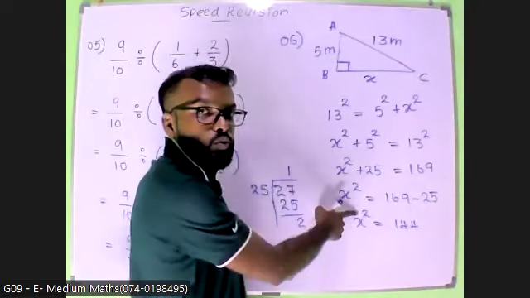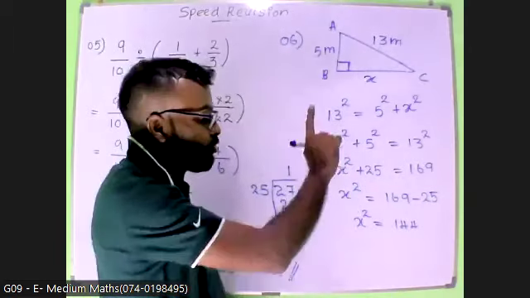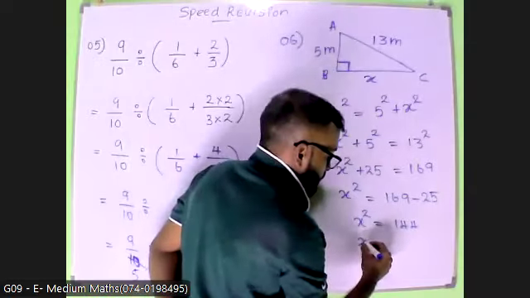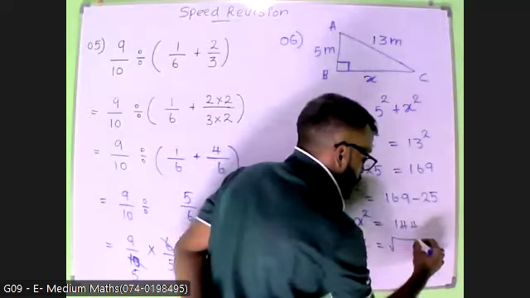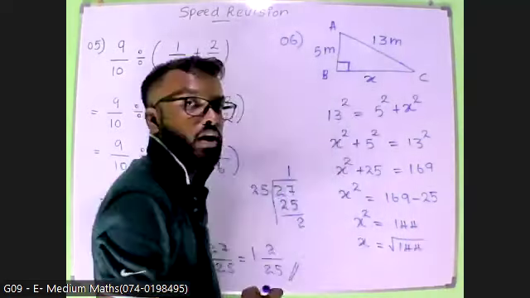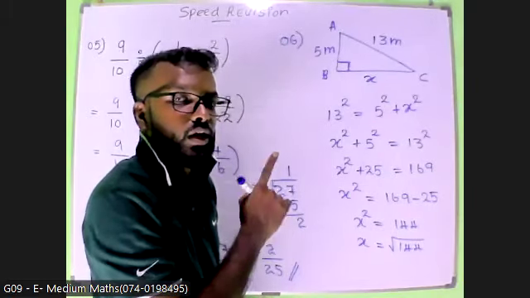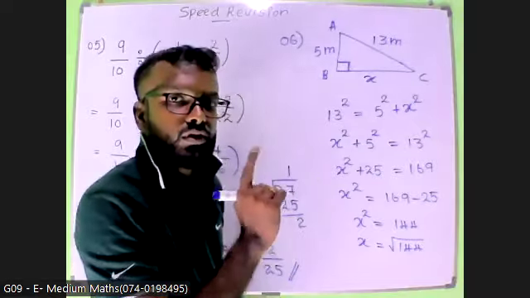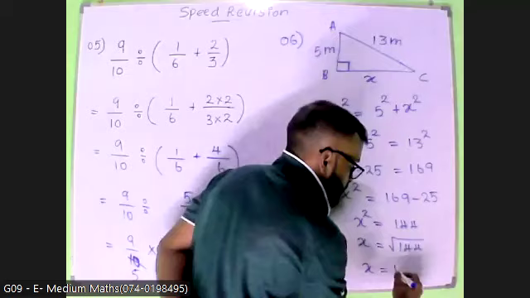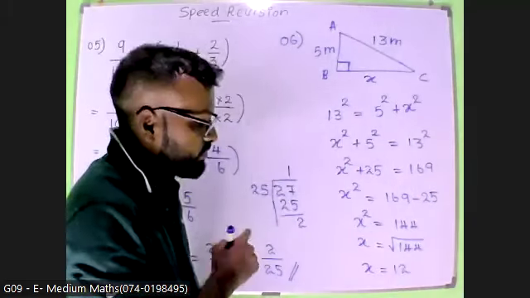So here you have a square term. When you take the square term to your right hand side, it becomes the square root. x equals the square root of 144. 144 can be written as 12 times 12. The square root of 144 equals 12.